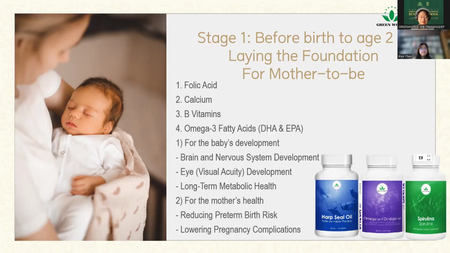Number 2, it is also important for the mother's health. The benefits of DHA and EPA extend to the mother, supporting her well-being during and after pregnancy. Number 1, reducing preterm birth risk.